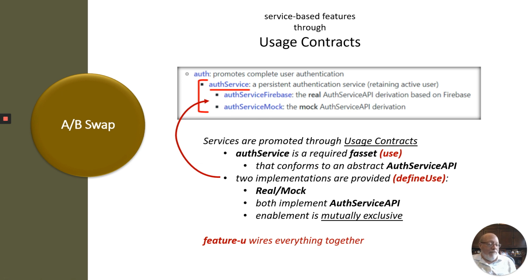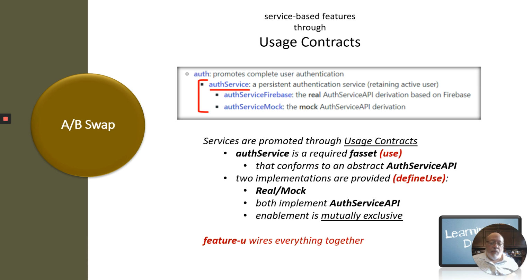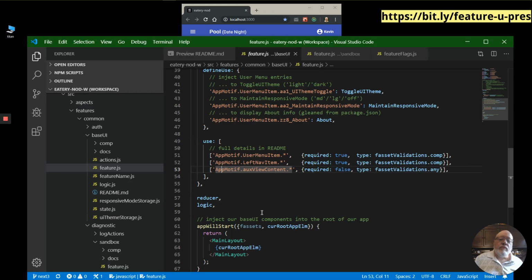We saw the Wi-Fi usage, and so they must be mutually exclusive because you can't instantiate two facets with the same name. They have to be unique, and it's required, so there has to be one of them that's enabled appropriately. So you can see here that basically feature U is wiring all this up together and doing a lot of validation to ensure that everything is set up correctly. So let's look at this in code.